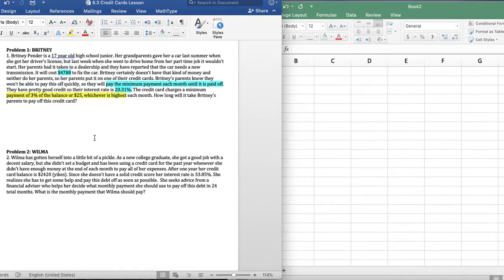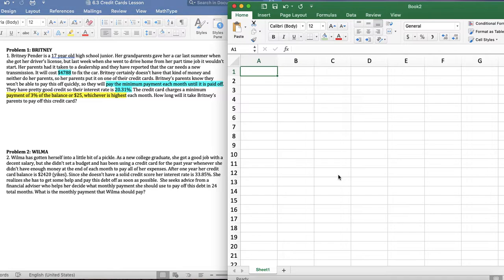This was a big part of our discussion in class on how that minimum payment is decided upon each month. So the question is, how long will it take Brittany's parents to pay off this card if they only pay the listed minimum payment?